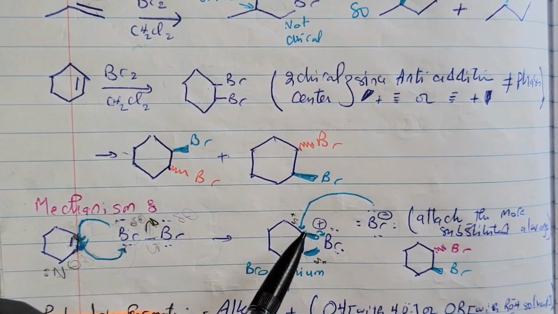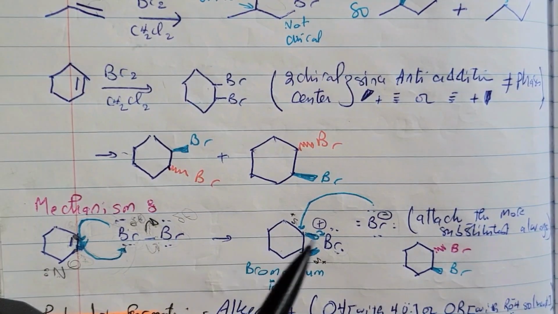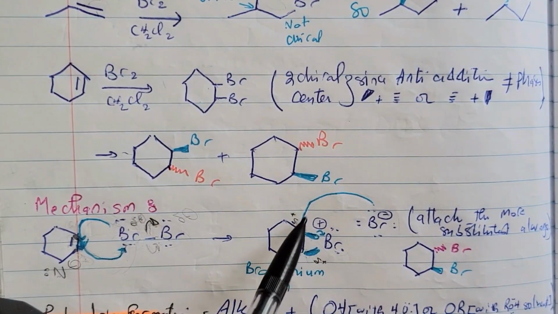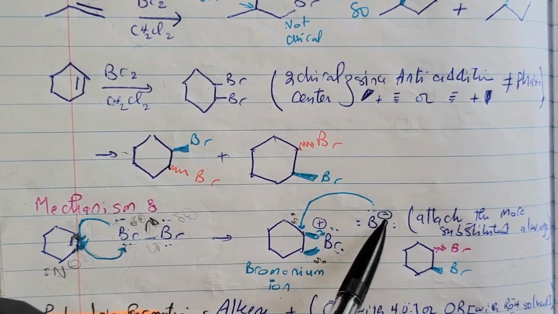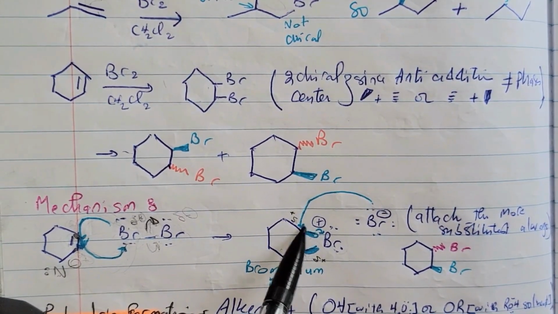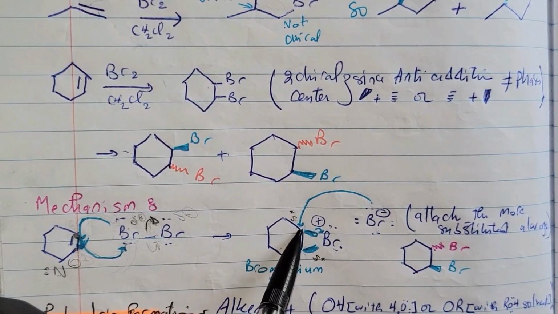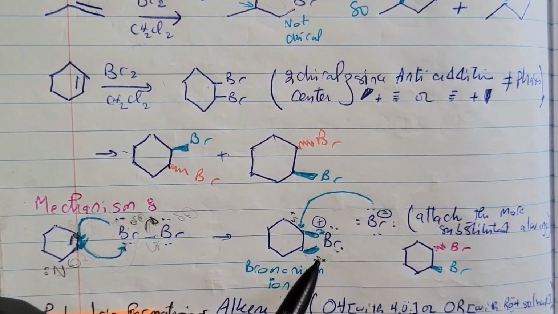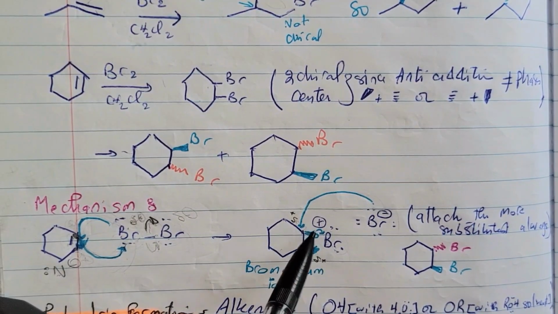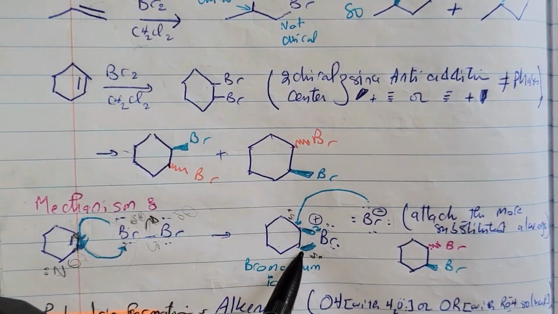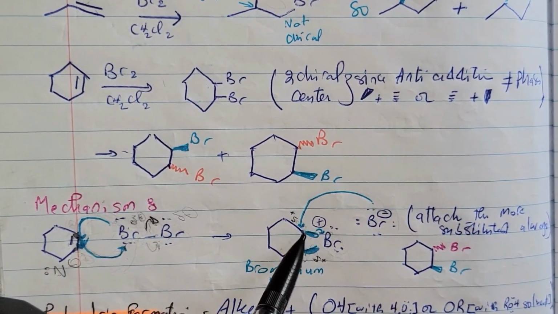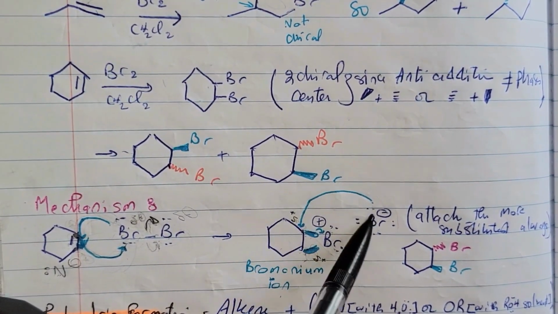So since they are partially positive, the other bromine atom, which is negative, is going to attack one of these carbons, and the other bond will break. So we're going to keep one bond with this bromine and one bond here with this bromine.